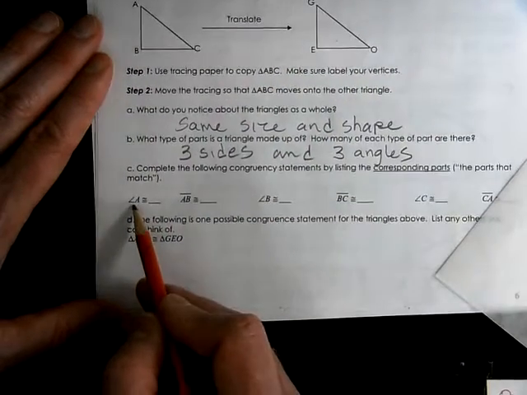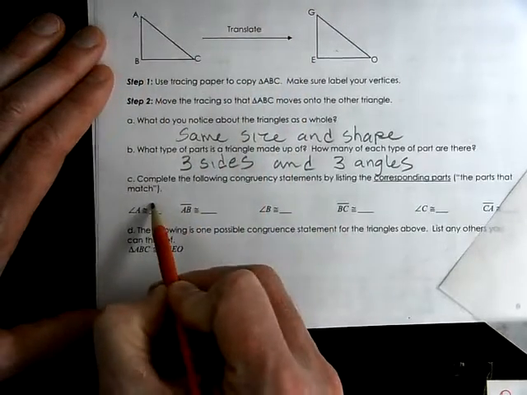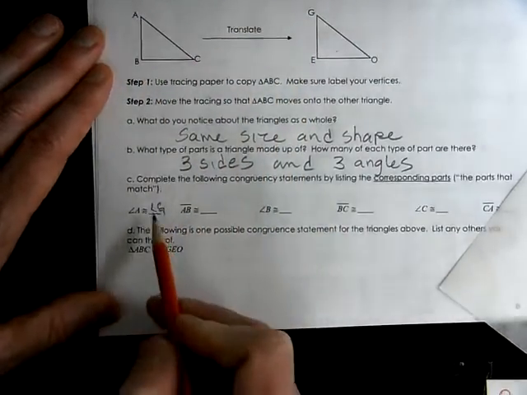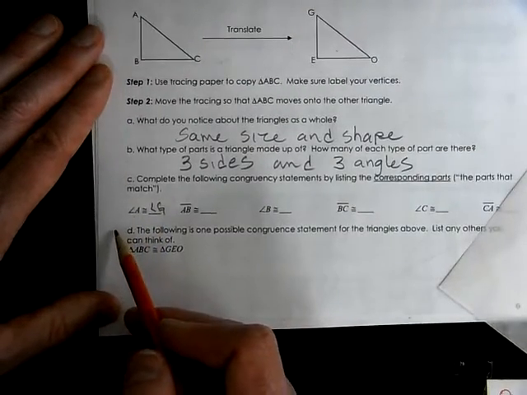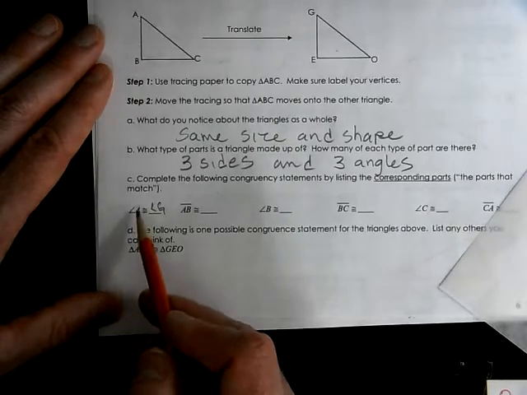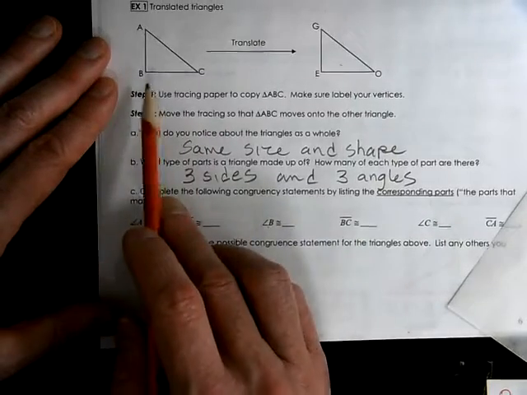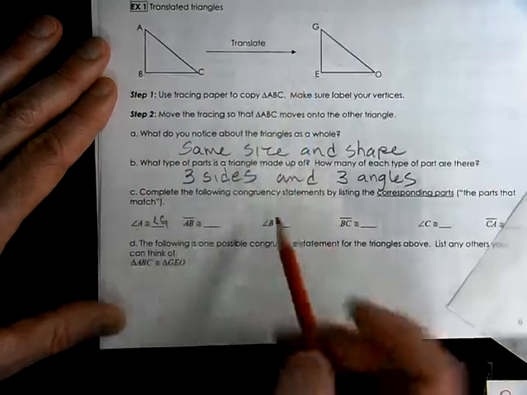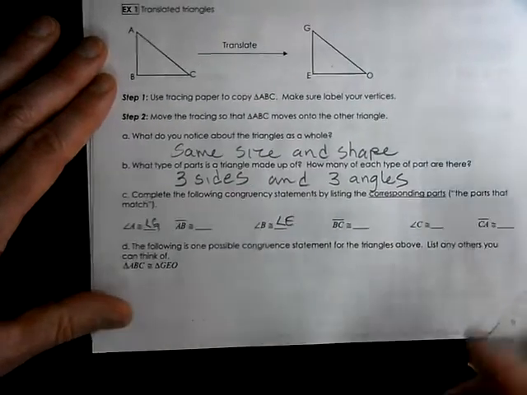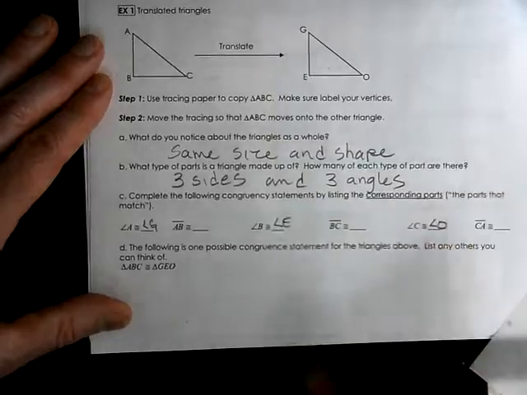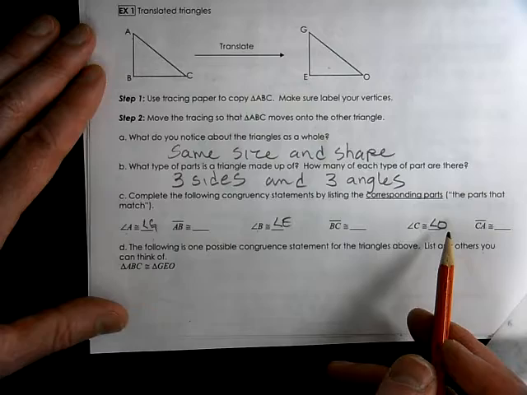So angle A was congruent to angle G. Notice we don't use the M for measure. That's only when we work with equality, the measure of angle A. We also talked about angle B. Angle B slid over and it became angle E. They were congruent. And C was congruent with O. So we have all three angles equaling.